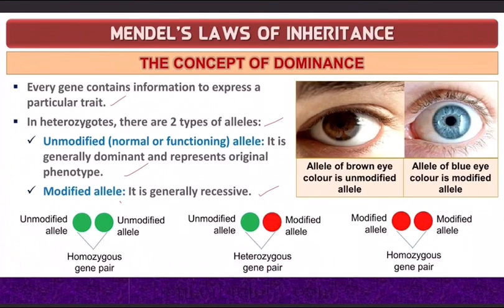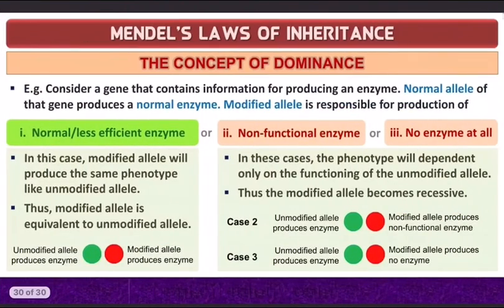And the concept of dominance: every gene contains information to express a particular trait. In heterozygotes, there are 2 types of alleles. The unmodified or normal functioning allele is generally dominant and represents the original phenotype. The modified allele is generally recessive.